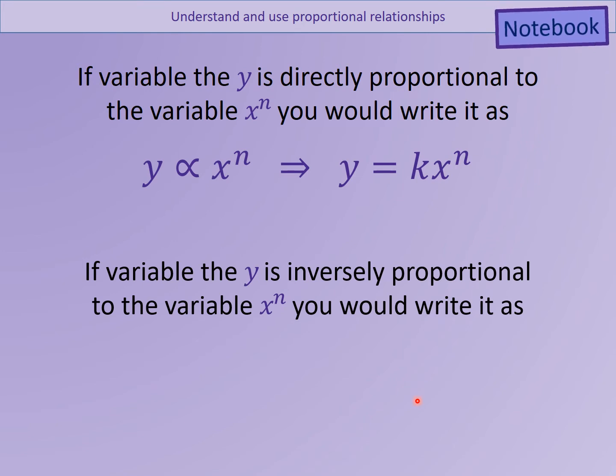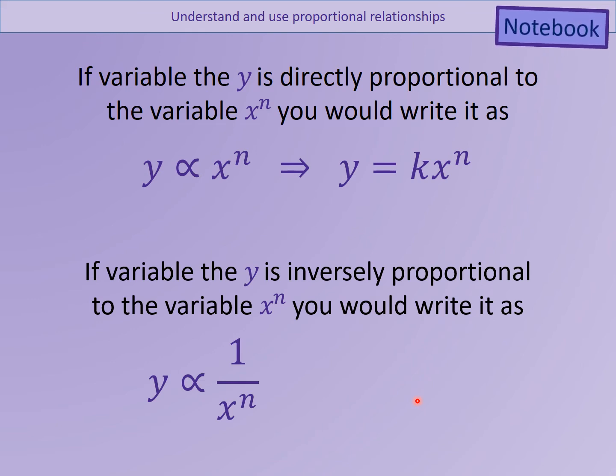What about this one? You might have seen those words: if y is inversely proportional to x to the n. So what does it mean to be inversely proportional? Well, you'd be incorrect if you thought it was to do with being negative. We'll talk about when to use a negative symbol later. If it's inversely proportional, it means that you are dividing by it rather than multiplying.